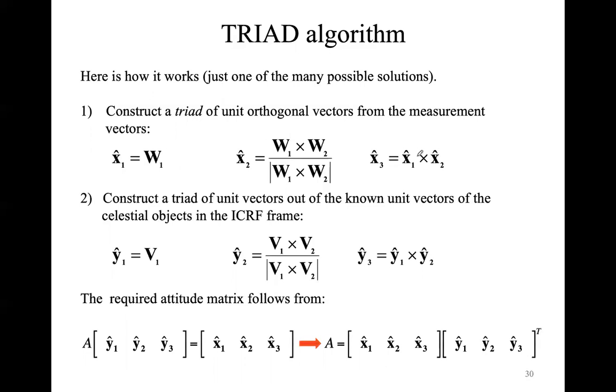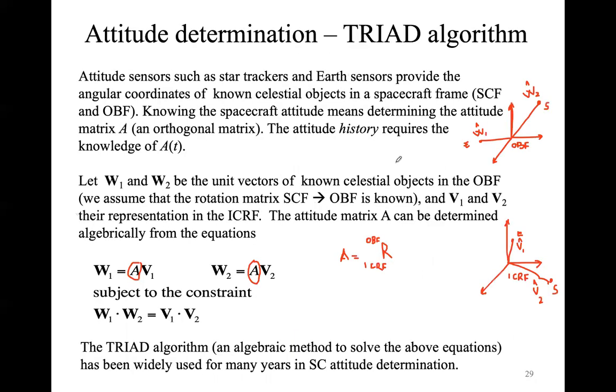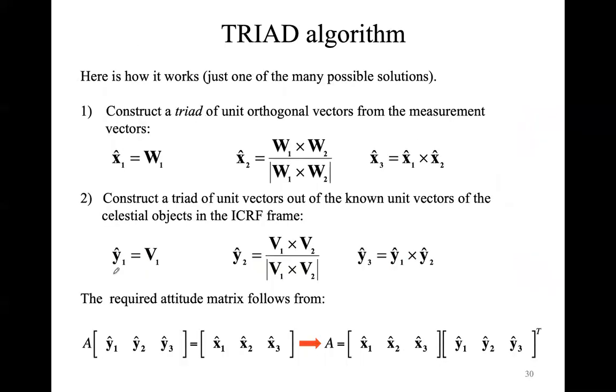Why are we doing that? Because since we want to determine a matrix that is a 3 by 3, we need to have a 3 by 3 system to invert. So we are using the information from the sensors that is given by W1 and W2. We construct this triad, and we do exactly the same for the relative position of those bodies in the inertial celestial reference frame.